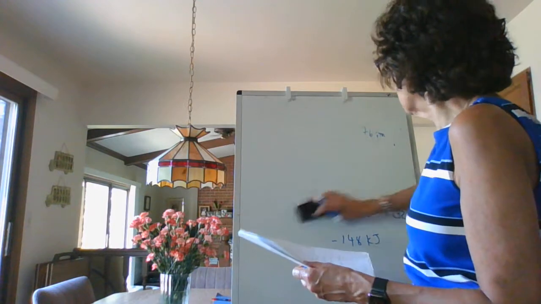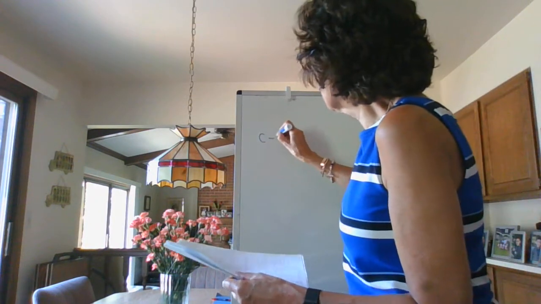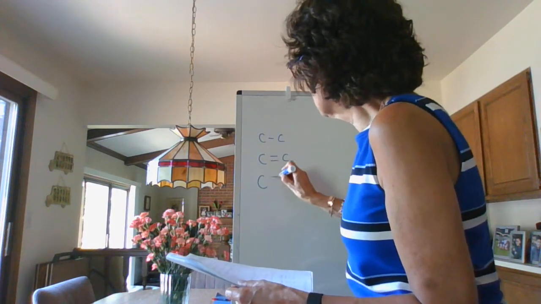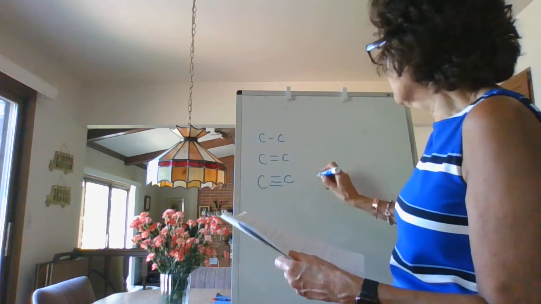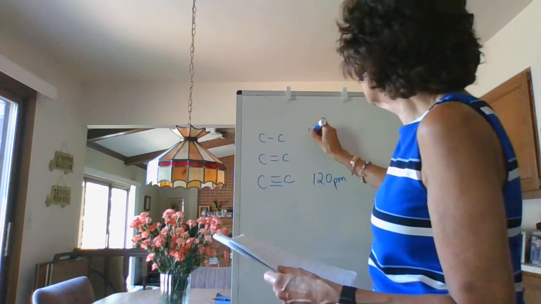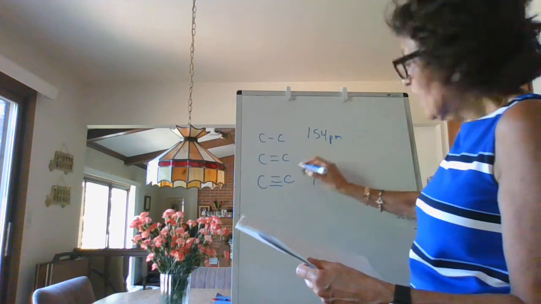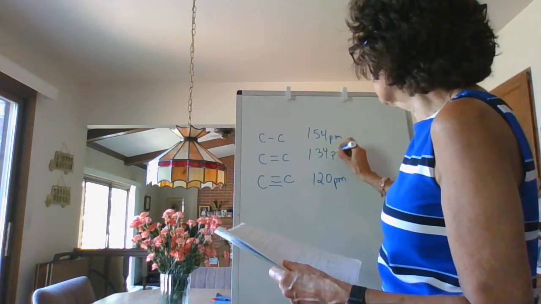Here's a carbon-carbon single bond, carbon-carbon double bond, carbon-carbon triple bond. So the length of the triple bond is 120 picometers. The single bond is 154 picometers. Notice how it got much smaller. And then the double bond is somewhere in the middle, 134 picometers.